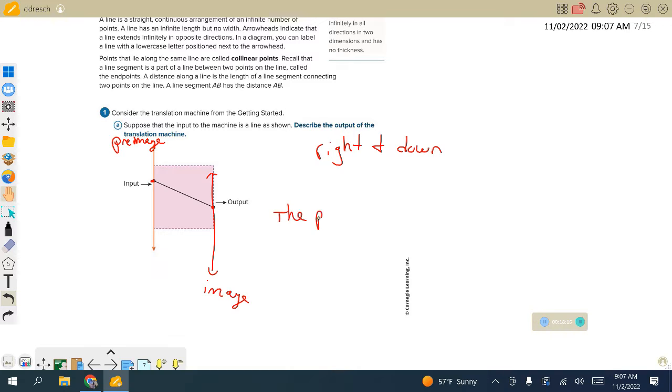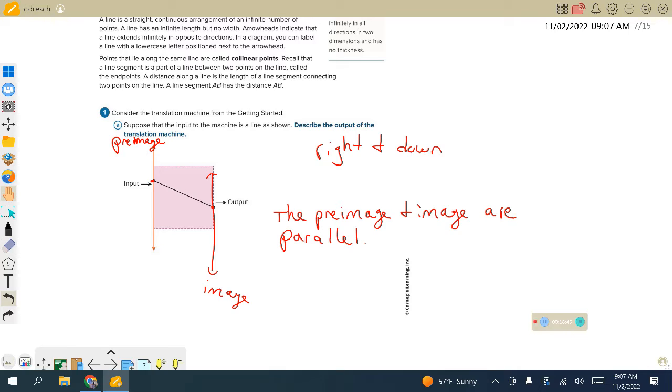The pre-image and image are parallel, just like Eric said there, okay? And that's going to be happening here as we slide these things left, right, up, down, whatever the case is, okay? We're not flipping anything, we're not rotating anything. So as we move these around, you're creating a bunch of parallels.